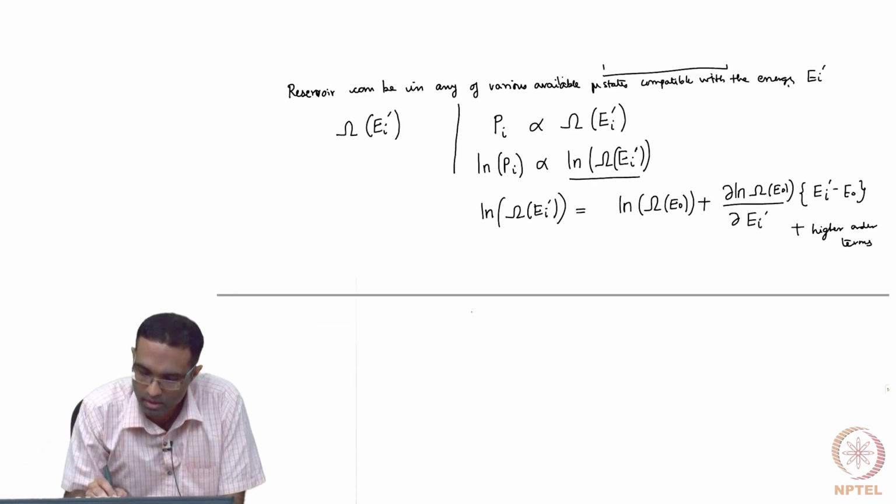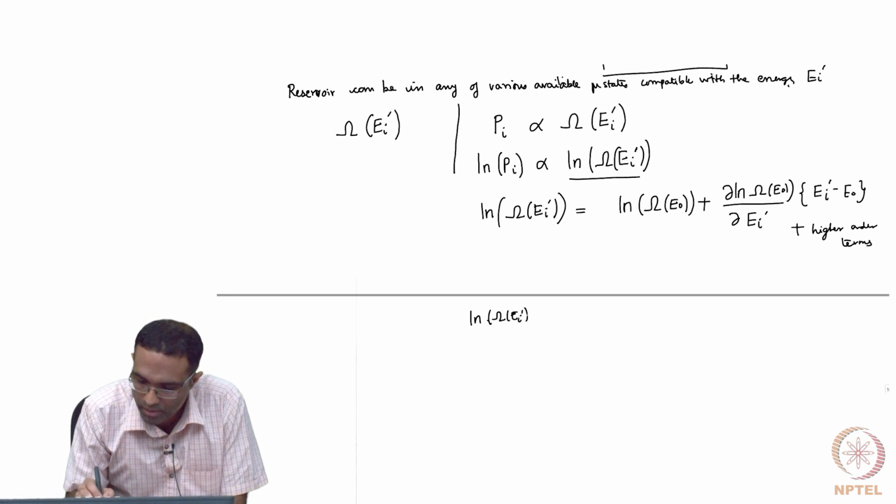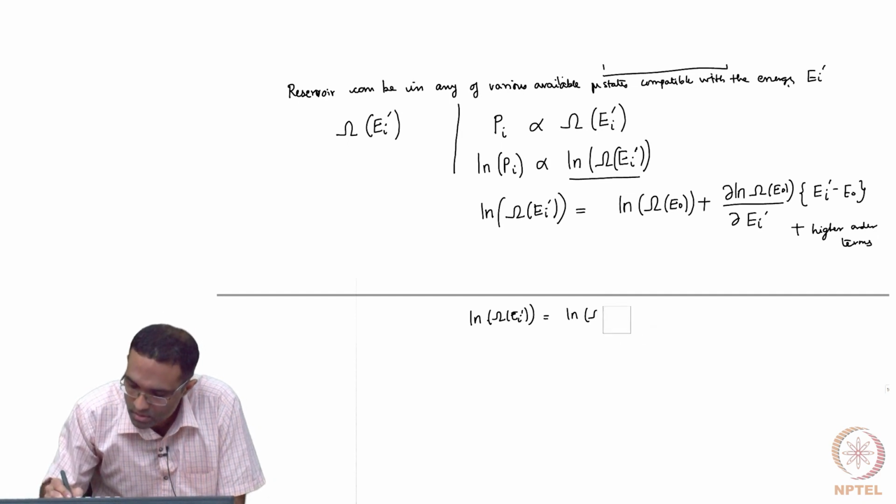And I continue here, this becomes ln of omega Ei prime is equal to ln of omega E naught.